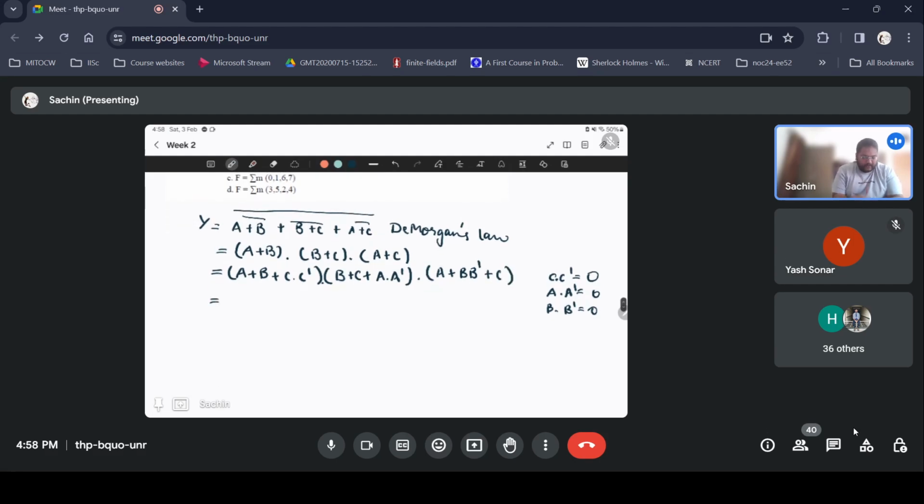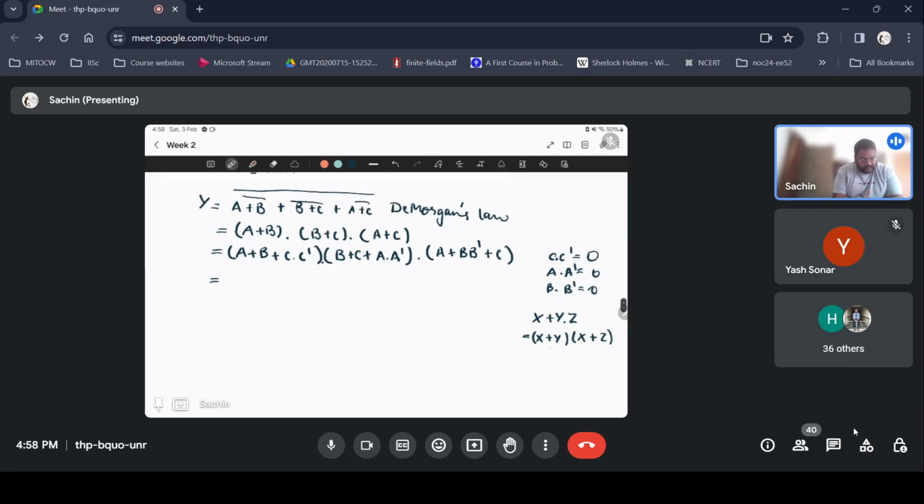The next property we'll use is x plus yz is equal to x plus y into x plus z. So this doesn't happen in normal arithmetic, but in Boolean arithmetic, the plus operation, the OR operation, distributes over the AND operation.